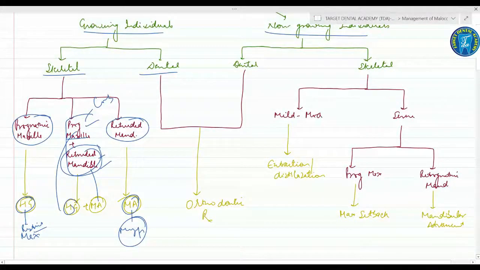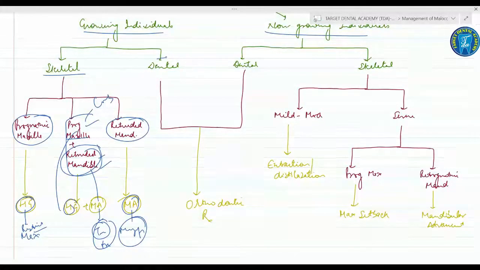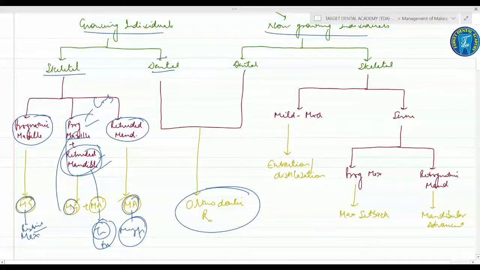And among myofunctional appliances, you can give the twin block, the FR, any kind of myofunctional appliance depending upon the case selection. And if a class 2 malocclusion is due to dental causes, then you go for orthodontic treatment. So this is all about a growing individual.